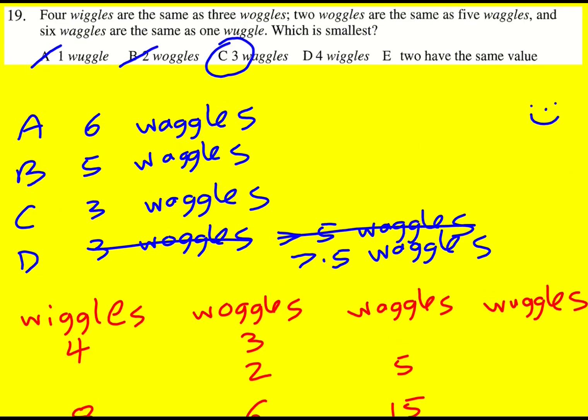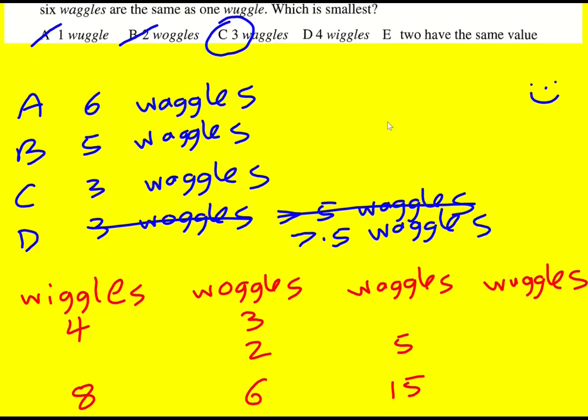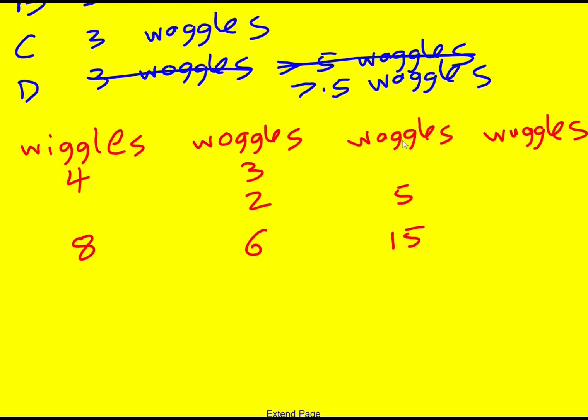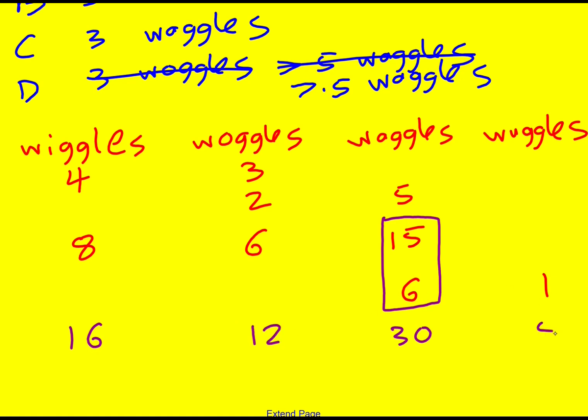Then I'll bring in the other piece of information. 6 waggles is the same as 1 woggle. Okay, so I want to make it so I can write all the numbers down. So I'm looking for the lowest common multiple of 15 and 6, which is going to be 30. So I'll just double these, 16 and 12, and then times this through by 5.